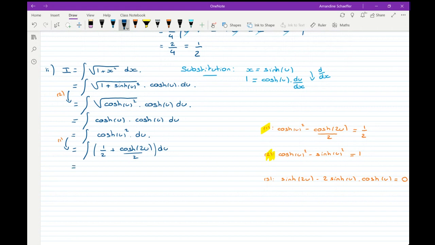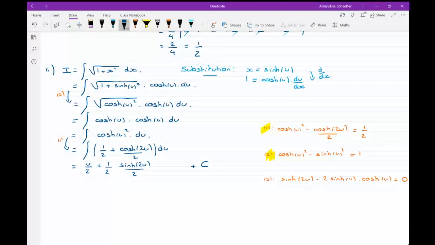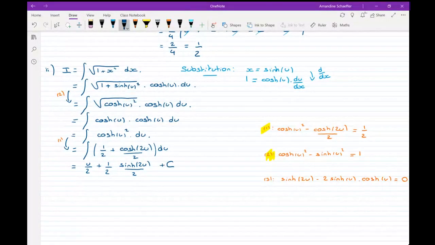Now I can separate it. The integral of 1/2 is going to be u over 2, and I'm going to have a constant here. Then I have 1/2 times the integral of cosh 2u, and I know that the antiderivative of cosh is just sinh. So that's going to be sinh 2u over 2. I already have my constant here. Please don't forget it. C is a constant.